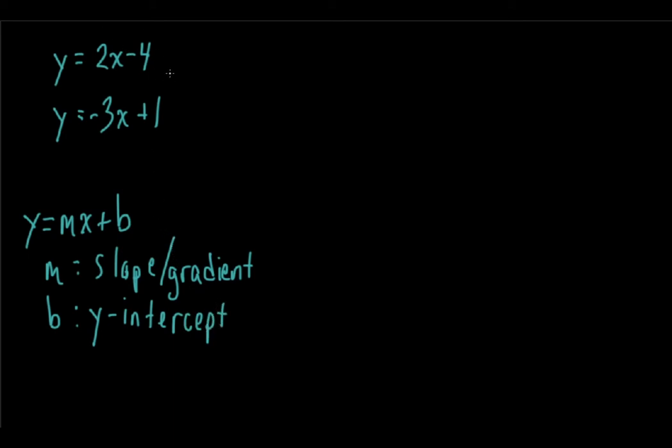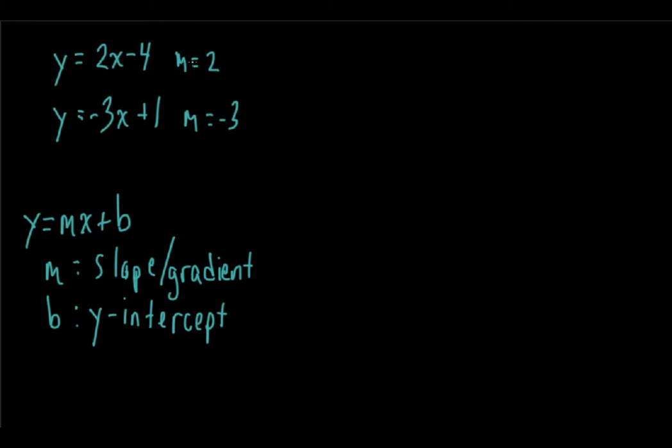So in this case, we have m equals 2 and m equals negative 3. Remember, the gradient tells us how the line is increasing or decreasing. So unless these two lines have exactly the same gradient, they must intersect somewhere, right?